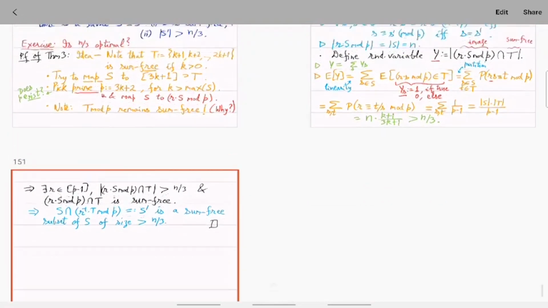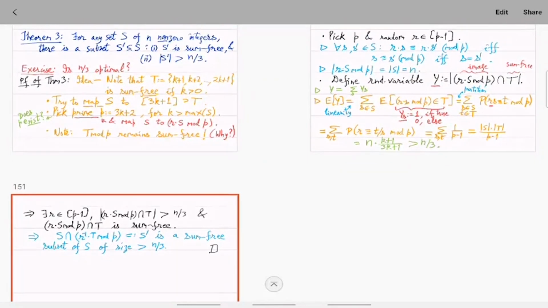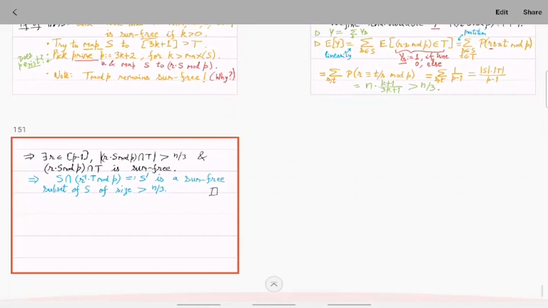And not just a proof, this is actually also a fast algorithm, right. This algorithm gives you S prime.